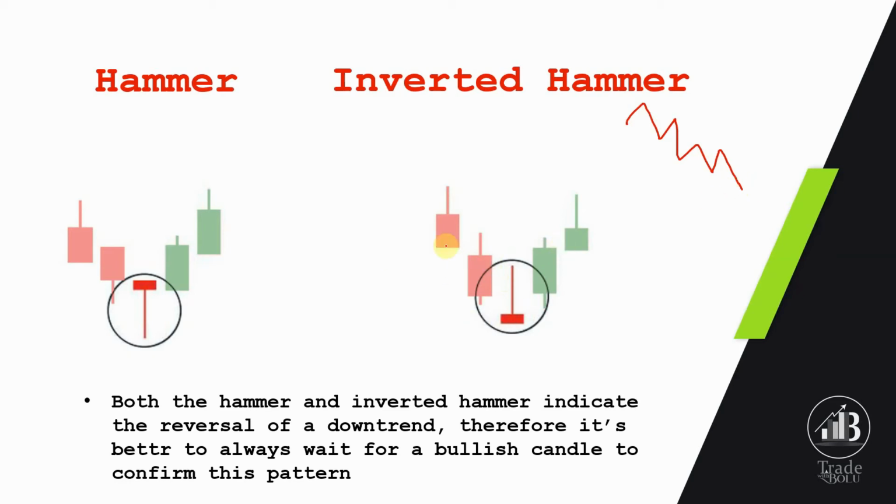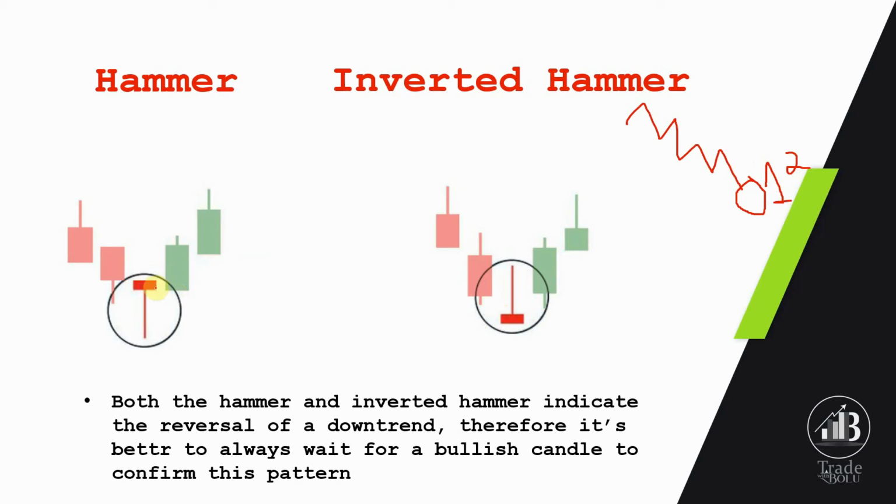Let's say these three bearish candles are here. When we see this, we want to ensure that we have a bullish candle like this, can you see that coming next after it, one and then two, to confirm that yes, this is an inverted hammer, or this is a hammer.